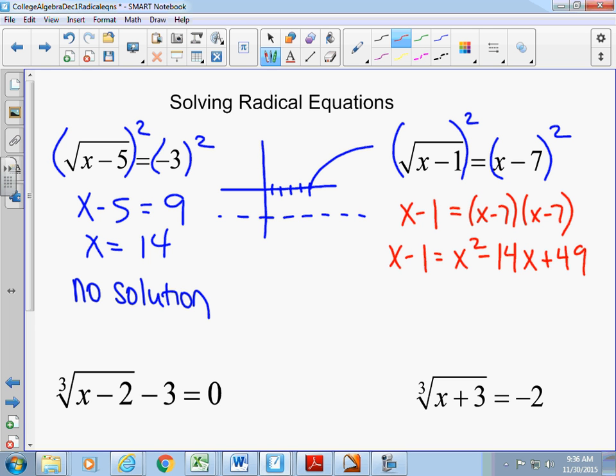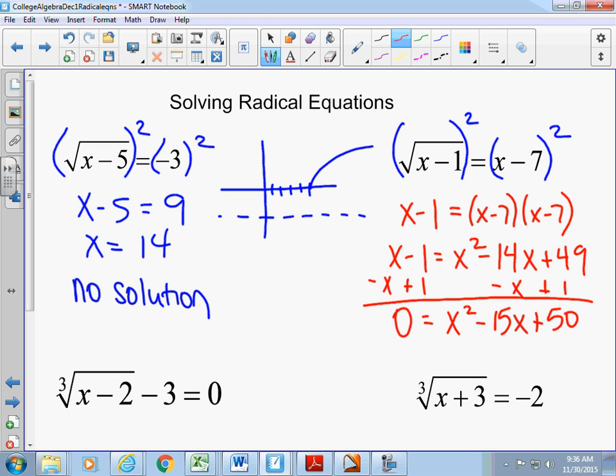Subtract the x, add 1, getting 0 on one side. Why would I do that? Why would I get 0 on one side? That's how I solve quadratics. I can either factor or use the quadratic formula. This one does factor. Really.